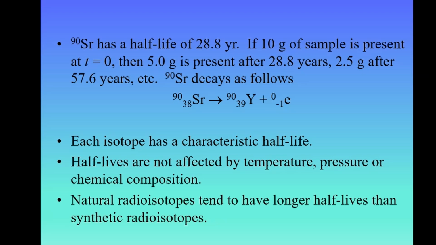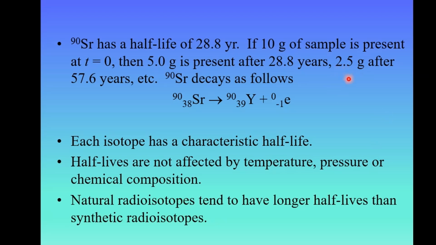So strontium-90 has a half-life of 28.8 years. If you have a 10-gram sample at time 0, t equals 0, then 5 grams is going to be present in 28.8 years. And if we go another 28.8 years, that would be 57.6, then we'd only have 2.5 grams.